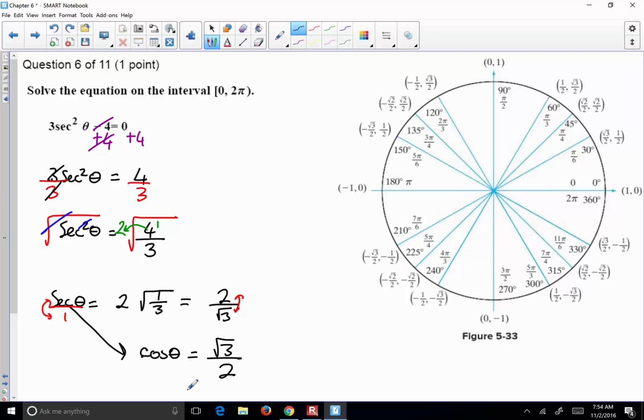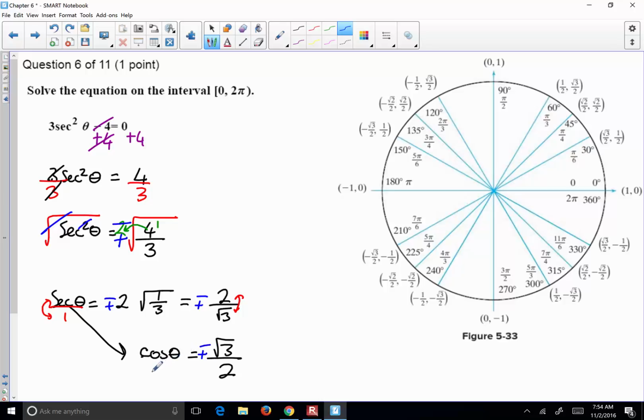Focus here. Yes. When I take the square root of both sides, we not only have a positive solution, it may be negative as well.